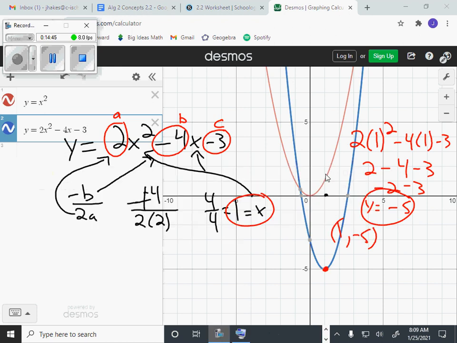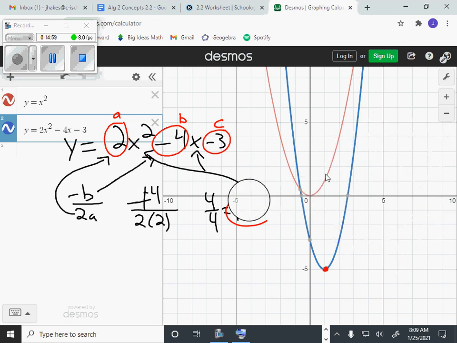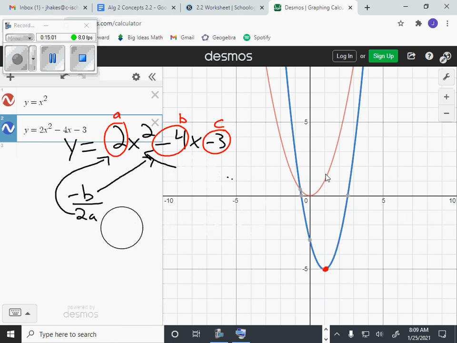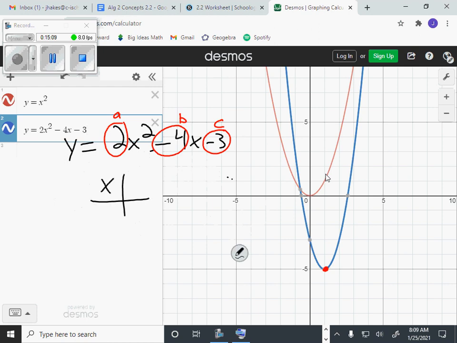We got our vertex right there. Let's say we were graphing this. To graph this, we just do it the same way. We have x, we have y.